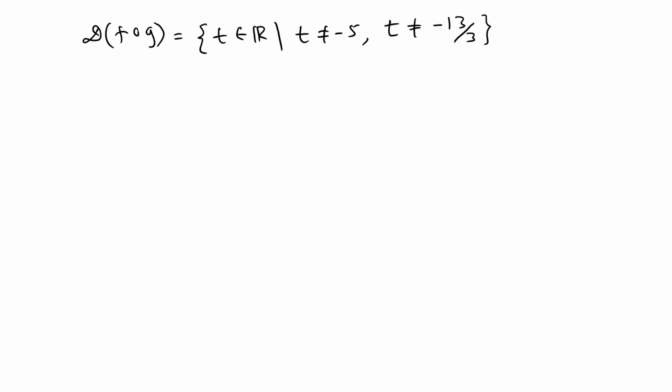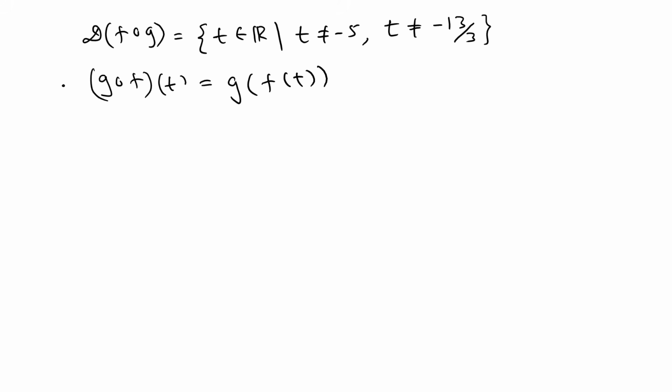And then let's try to do g circle f now. Again, we make a similar argument. So we're going to say g circle f of t. By the definition, this is g of f of t.